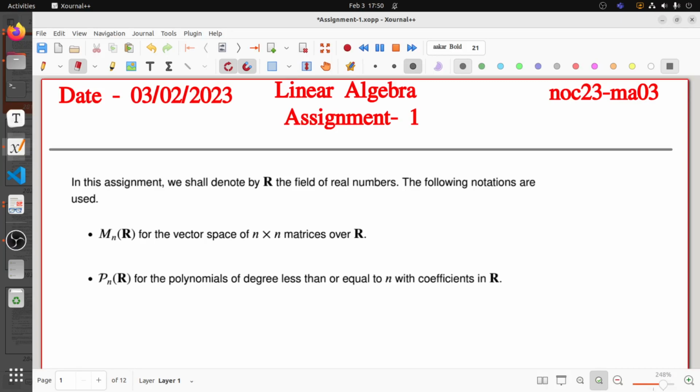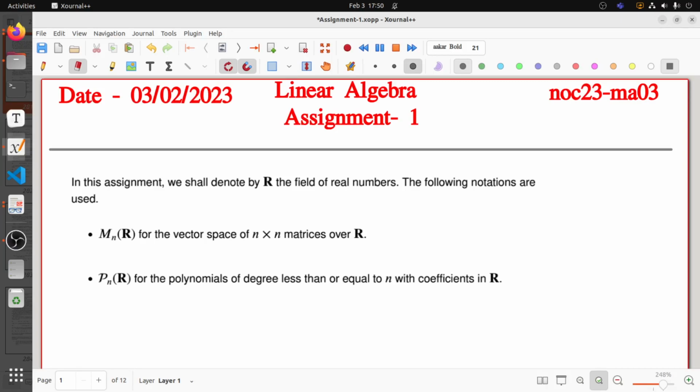Because u is positive, this is well defined. You can take any power, u to the power a. As u is from V, it is a positive real number, so u to the power a is well defined. So we have defined scalar multiplication by a dot u equals u to the power a. This is the addition and this is the scalar multiplication.